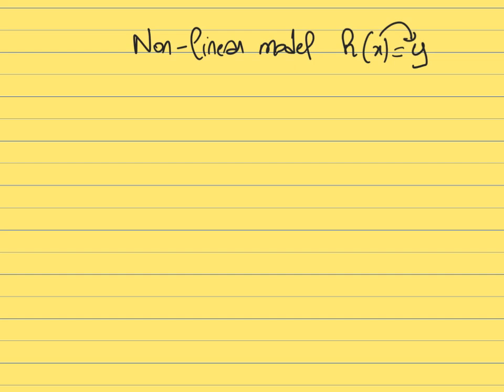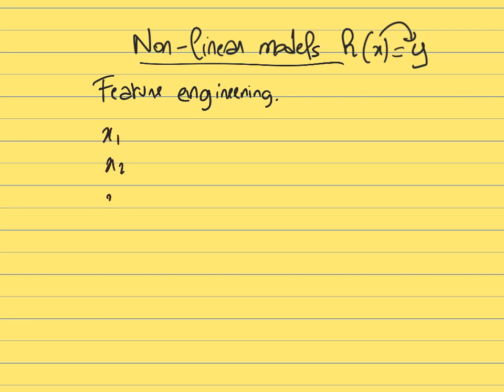So when we used linear regression and polynomial regression, the way we solved this issue is by doing some feature engineering. The way we transformed a linear problem into a non-linear problem while still using linear regression is to start with your input, for example, x1, x2, x3.